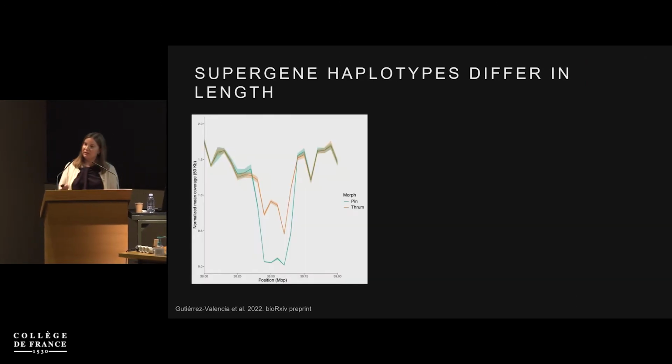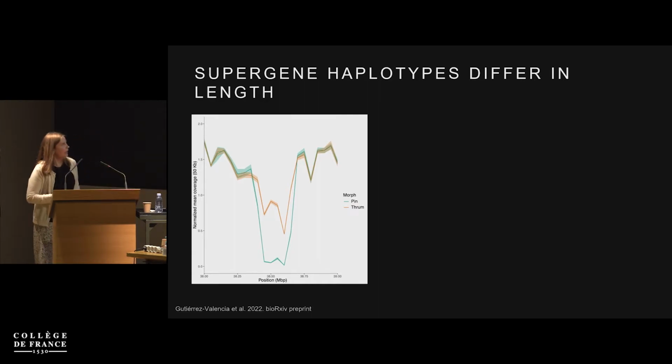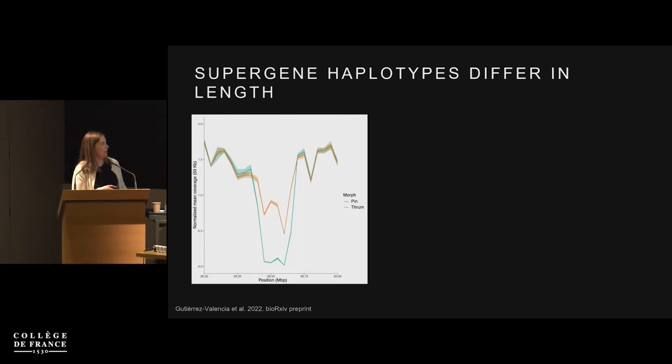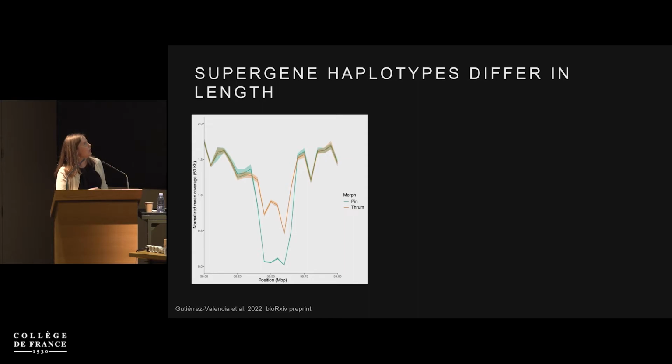And then we looked into structural variation in this region because we expected that this might be something that could occur given the results from Primula and Turnera. And in this region, we do see actually a really strong coverage drop in pin individuals compared to thrum individuals. And also thrum individuals have about half the coverage in this region compared to flanking regions.